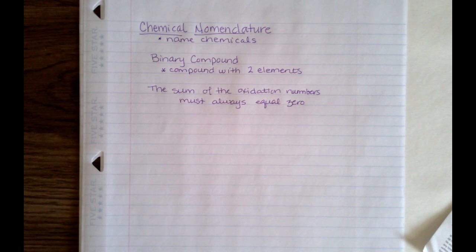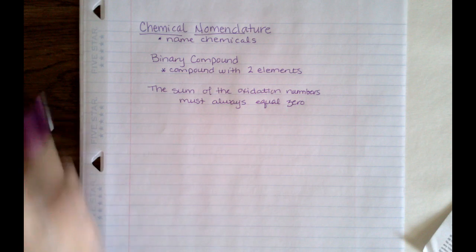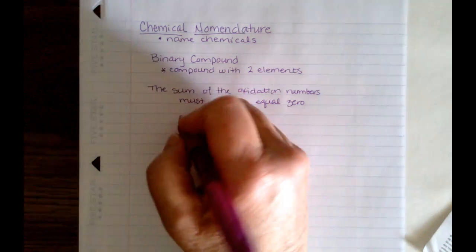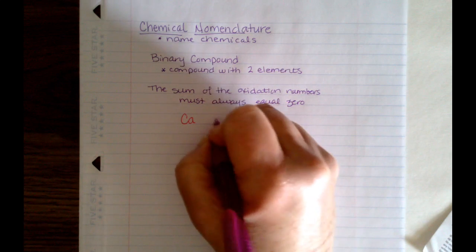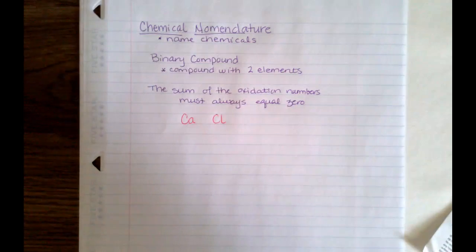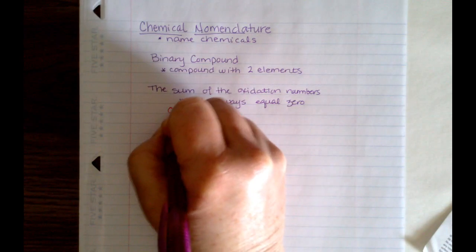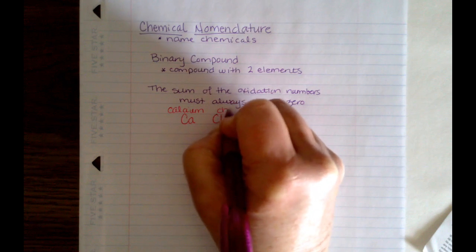Well, for example, let's say I'm going to take calcium. I'm going to want to make a compound with it, so it works with chlorine. All right, so this is calcium. This is chlorine.